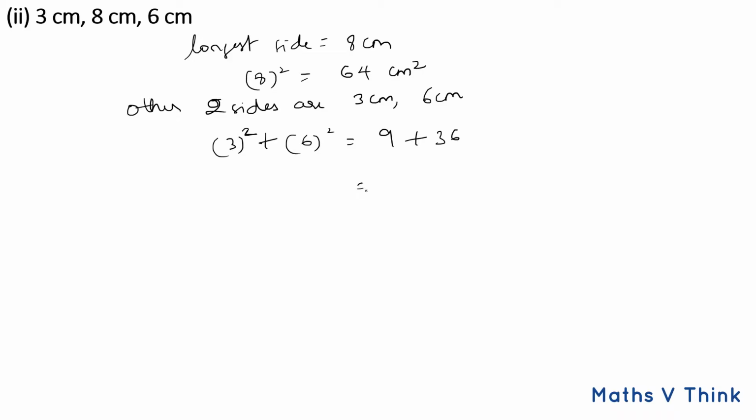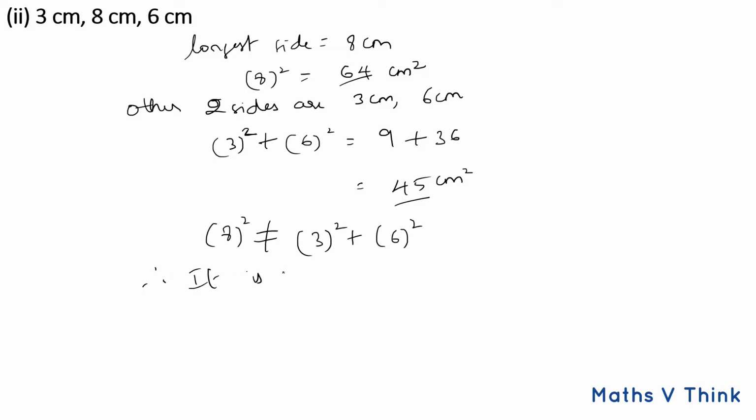So 36 plus 9 is 45 centimeter square. You can see that 64 is not equal to 45. So we can tell the square of one side is not equal to the sum of the squares of the other two sides. Therefore, it is not a right triangle. In the same way, you can do the third subdivision and the fourth subdivision by following these steps.